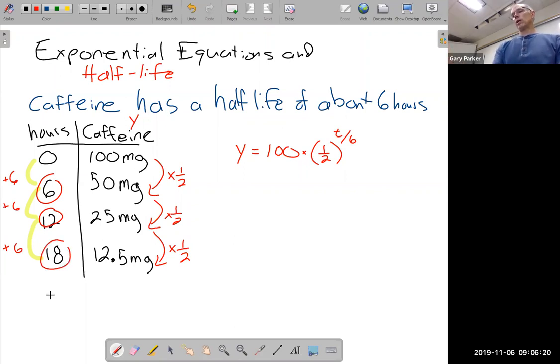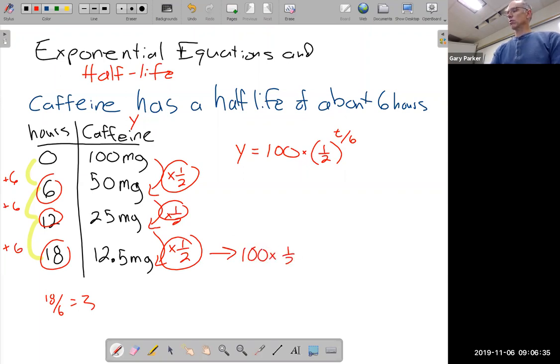And you think about it, right? 18 divided by 6 is 3. And to get that 12.5, I had to multiply 1, 2, 3 times. So that 12.5 right there could be expressed as 100 times 1/2 to the power 3. 18 divided by 6, because we're looking for groups of 6, gives me that power of 3.